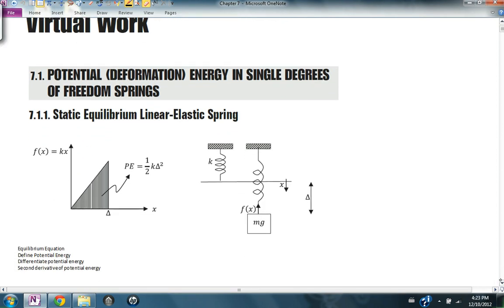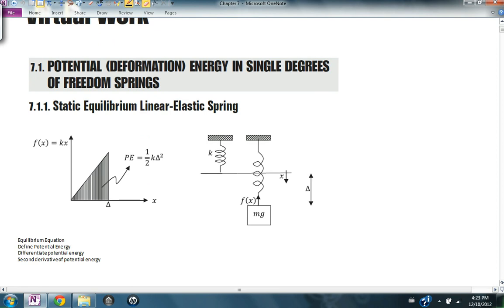Now, to understand this energy, we are going to start with one-dimensional systems. A one-dimensional system made out of an elastic spring with a linear relationship between the force and the displacement, which means that the force in the spring is equal to a constant k multiplied by the extension of the spring.